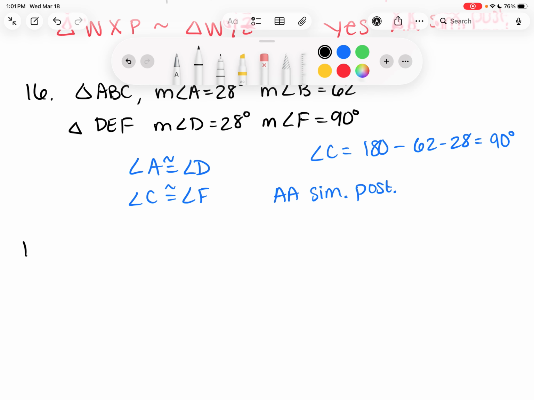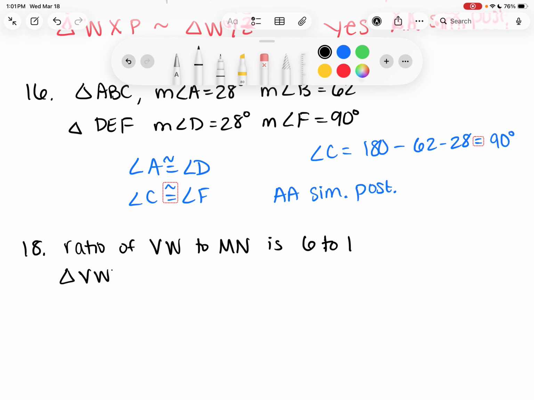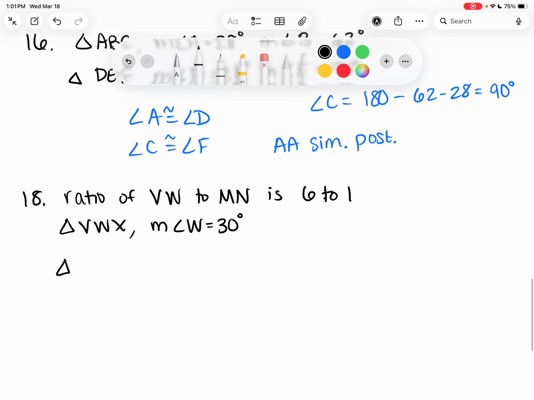Probably the last one to look and make sure. But 18, the ratio of VW to MN is 6:1. In triangle VWX, the measure of angle W is 30 degrees. And then in triangle MNP, the measure of angle N is 30 degrees.